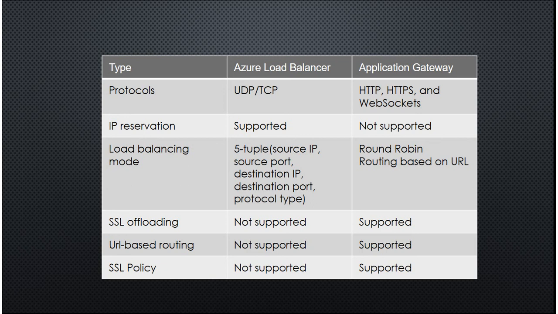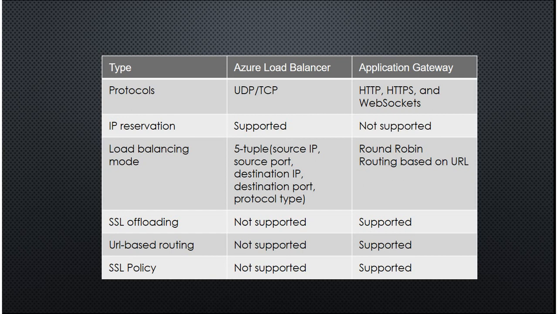This is called the load balancing mode, how it picks the correct virtual machine or device. Let's say this is a packet; how is it going to find the relevant candidate to transfer the request to? For example, the source IP, source port, and destination IP. Based on these parameters, it generates a random number and connects to that service. The application gateway uses a round robin algorithm.